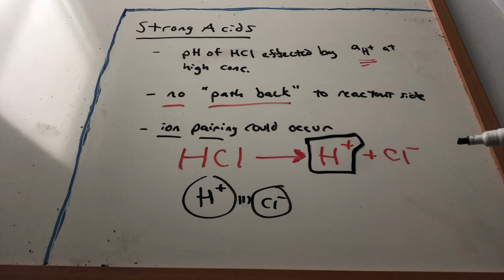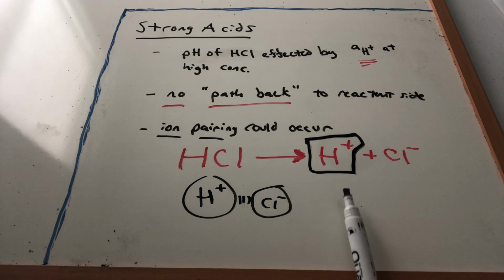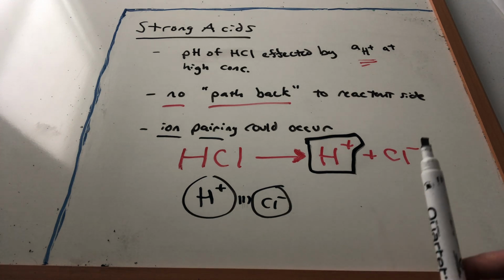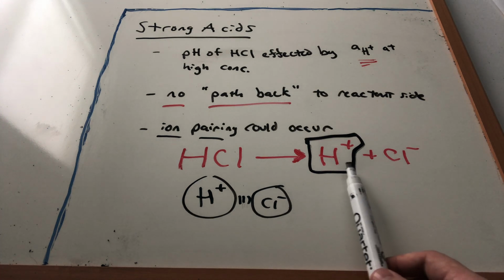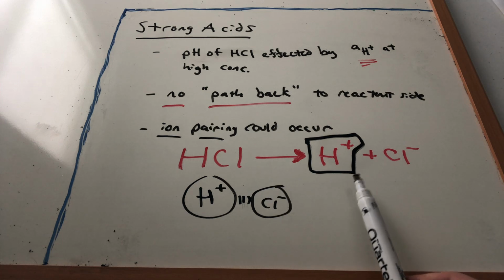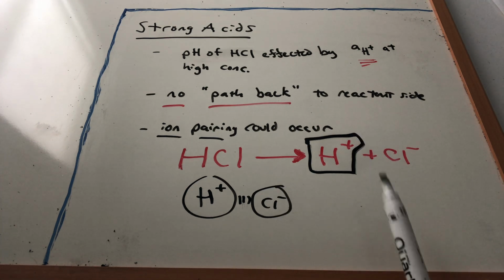For water, our pH actually decreased when we put some salt in there and considered the activity of those ions. For this strong acid, our pH is actually going to be a little bit higher in actuality, because it's not about H+ escaping to the other side. It's all about how many free-floating H+ you have.